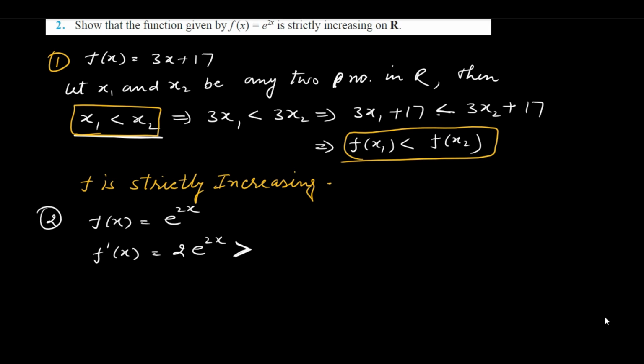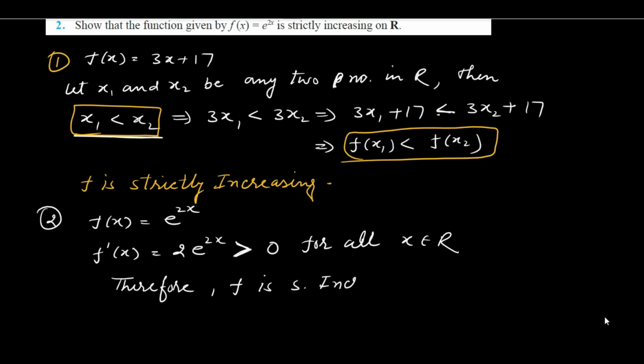This function f'(x) is greater than 0 for all x belongs to R. It cannot be negative. Therefore f is strictly increasing on R. Simple.